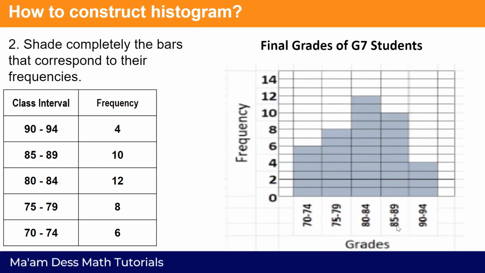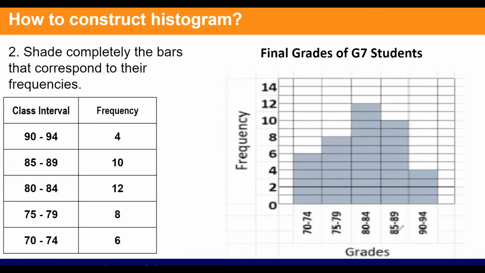Next, we have 85 to 89. I will use pencil. 85 to 89. Okay. So, in 85 to 89, ito po yung 10. So, ito yan, 10. Next, 90 to 94, we have 4. So, ito po yan. Ayan.